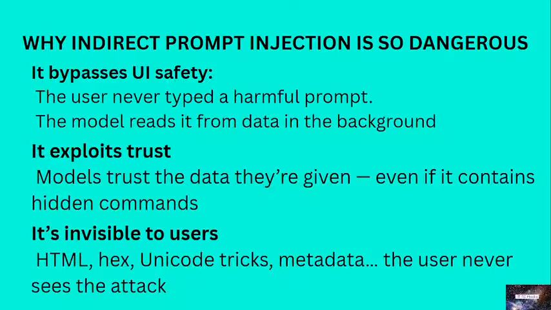So the same scenario is what is happening in indirect prompt injection. AI does not know that the source of the information or data is contaminated, is compromised, and because of that, it gets the data and supplies it back to the user, and the user makes use of the data.